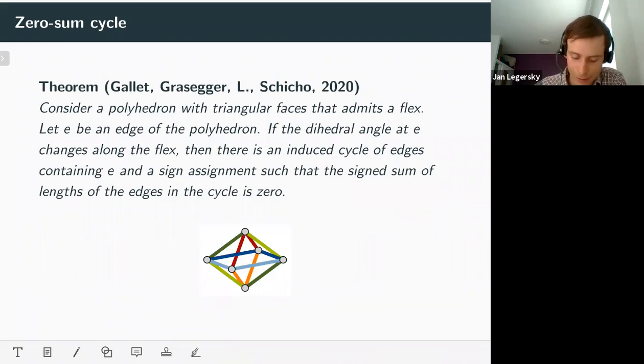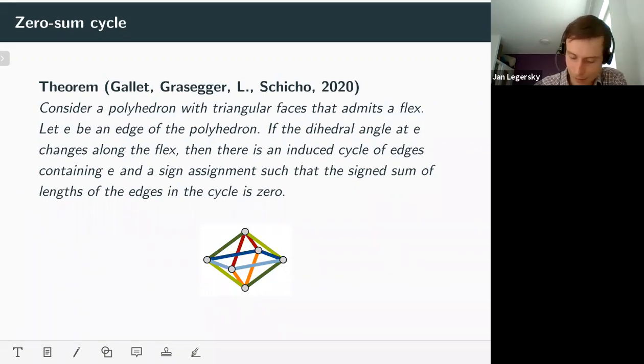And if I pick an edge whose dihedral angle changes, then there is a unique cycle that is induced and contains this edge. And so just by taking all the edges, we get 3 conditions, having 3 zero-sum cycles.